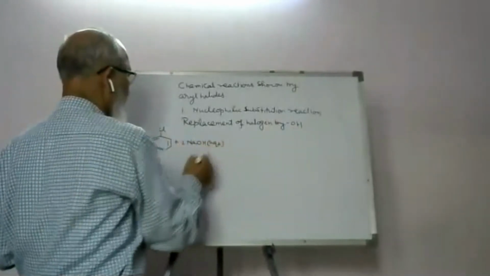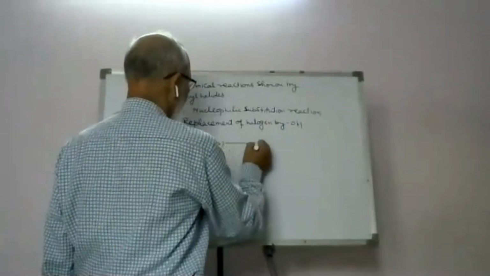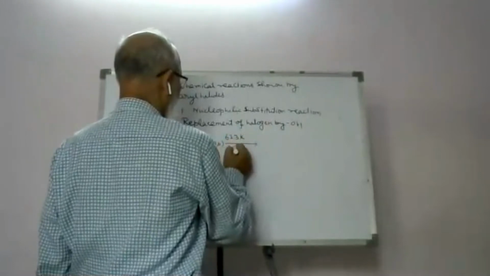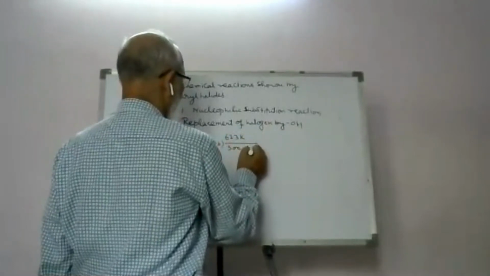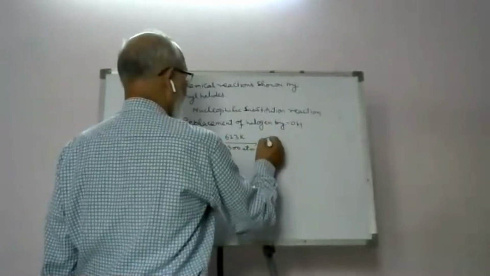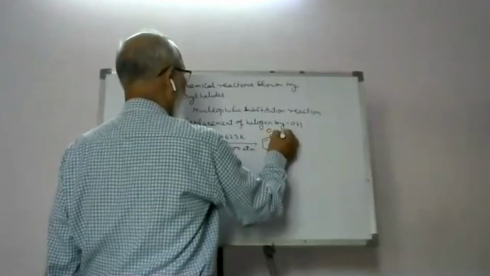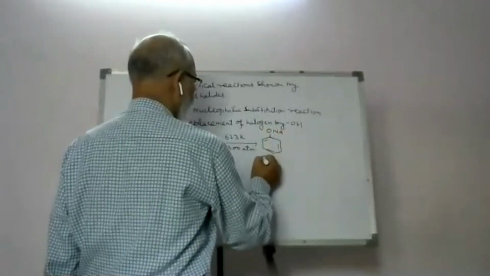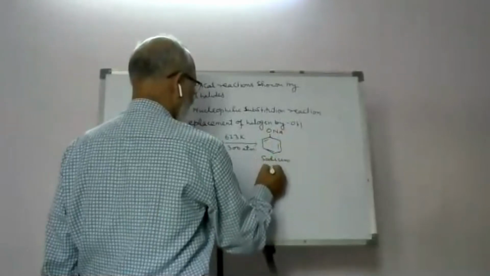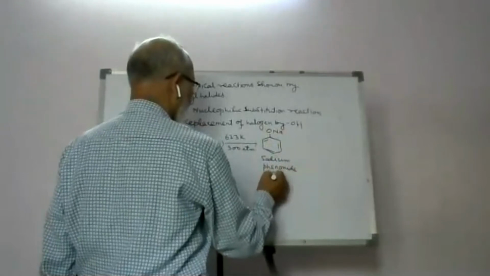Here drastic conditions are required because of less reactivity of haloarenes. So 623 Kelvin temperature, 300 atmospheric pressure is required. There is formation of ONa. This is your sodium phenoxide, or phenolate.